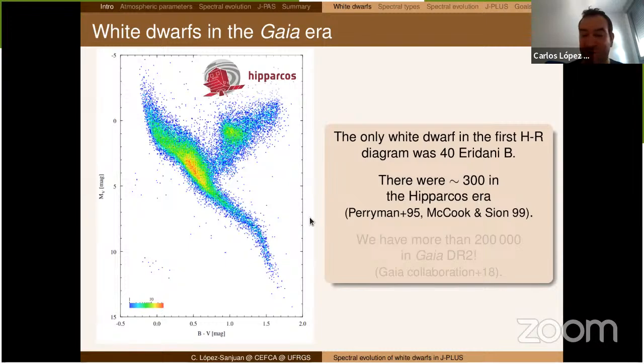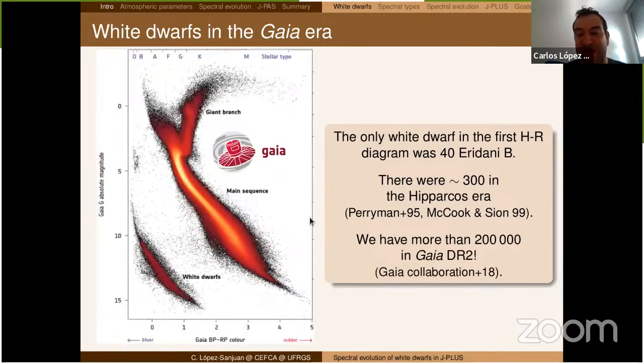However, things turned around when Gaia was launched, and in 2018, Gaia released 1 billion parallaxes, high quality, and suddenly we populated all the white dwarf region in the HR diagram.